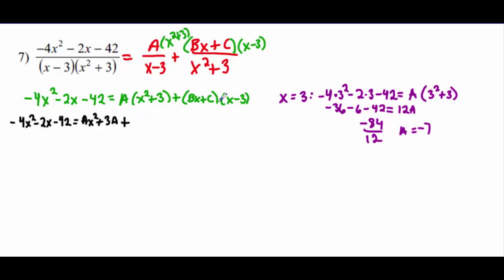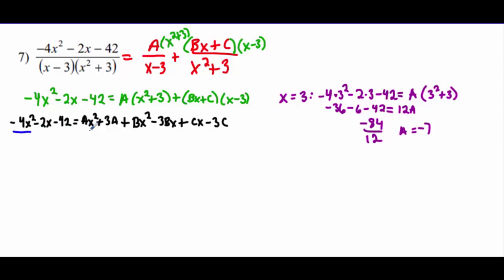Then we're going to FOIL here, so bx times x is bx squared. bx times negative 3 is negative 3bx. c times x is cx. And c times negative 3 is negative 3c. At any point along the way here, we can put in a is negative 7. I'm going to wait because I think it might actually confuse you if I don't.